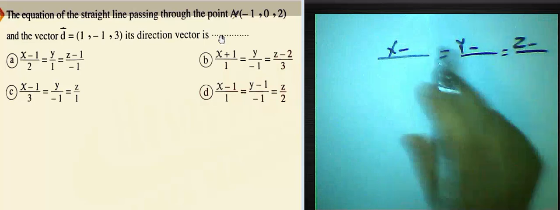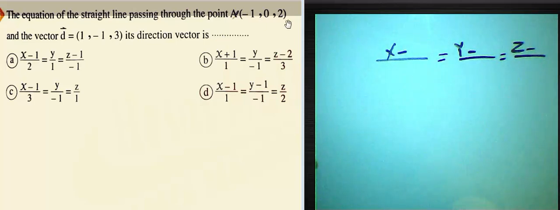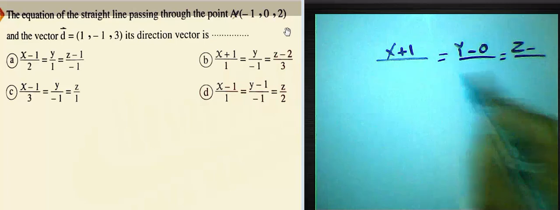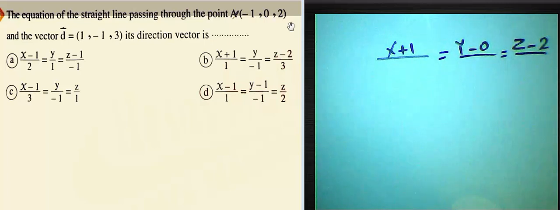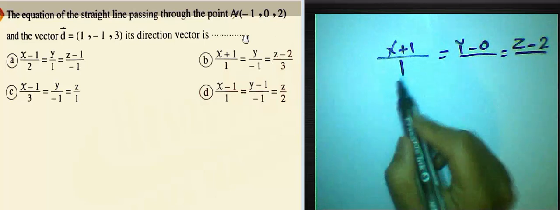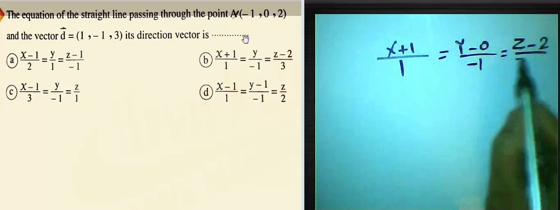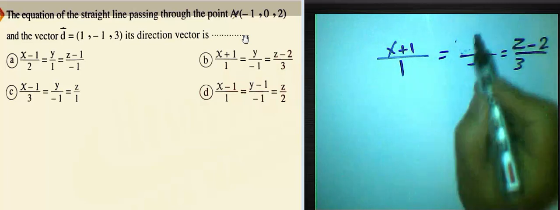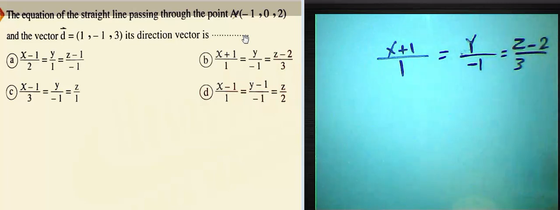Write the point here in the top, negative 1 and 0 and 2, negative times negative equal positive. And here write 0, and here write 2, and in the denominator here write the vector 1 and negative 1 and 3. So you can write here y minus 0 will be y. Then the result will be letter B. Choose letter B for this example.